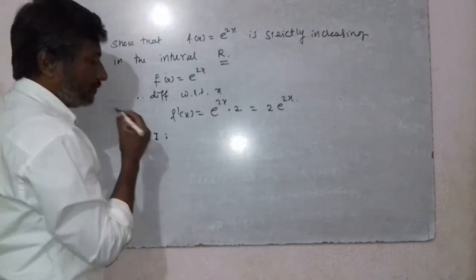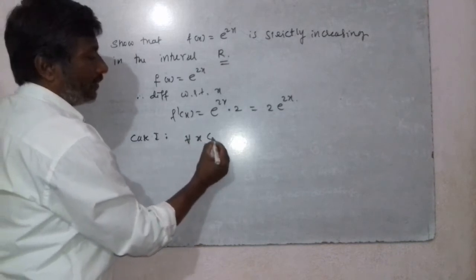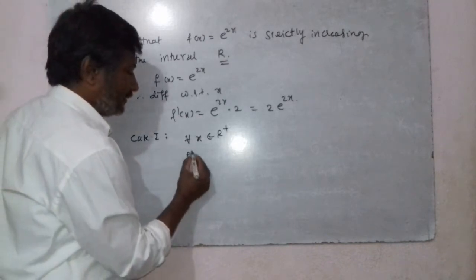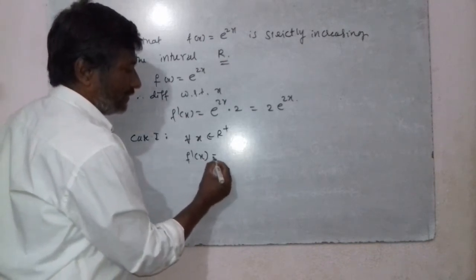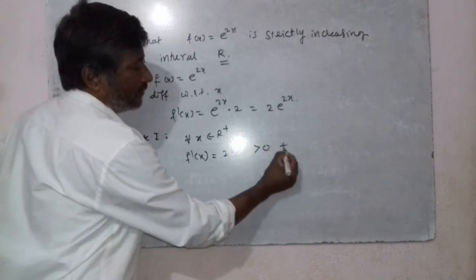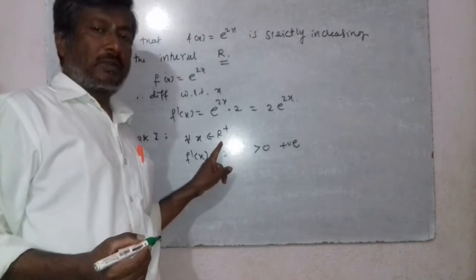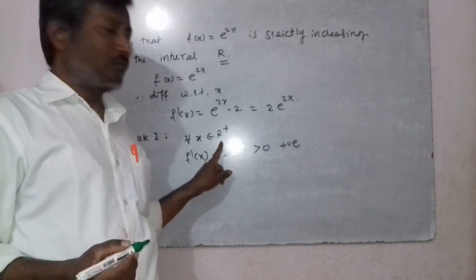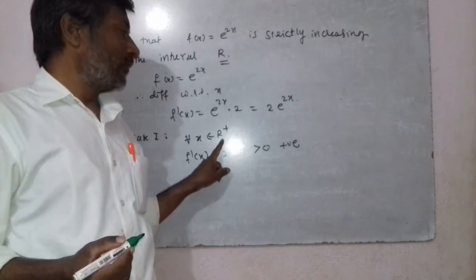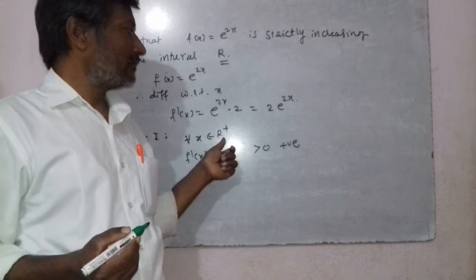So therefore, for all x belongs to R plus, f dash x, that is 2 e raised to 2x, is greater than 0, positive. R plus means plus 1, plus 2, plus 3, 1.1, 1.2, 1 by 2, any rational and irrational numbers.